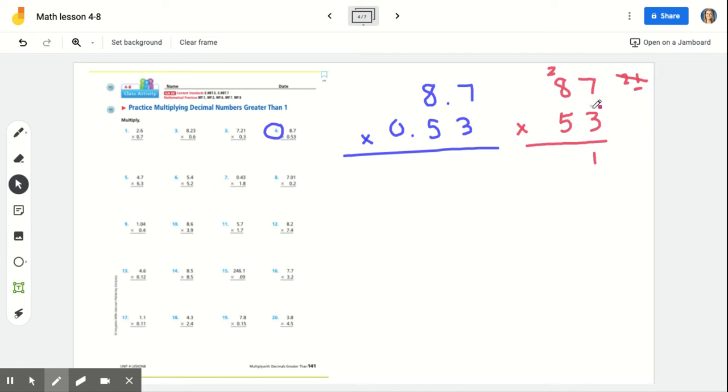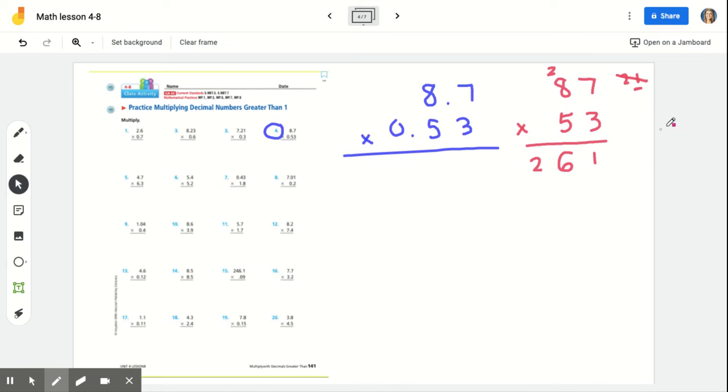And now we have 8 times 3 plus 2. Well, 8 times 3 is 24 plus 2 gives us 26. And since that's our last multiplication step to do for our line, we're going to write both digits into our product, and we have 87 times 3 is 261. Does your whiteboard look like mine?